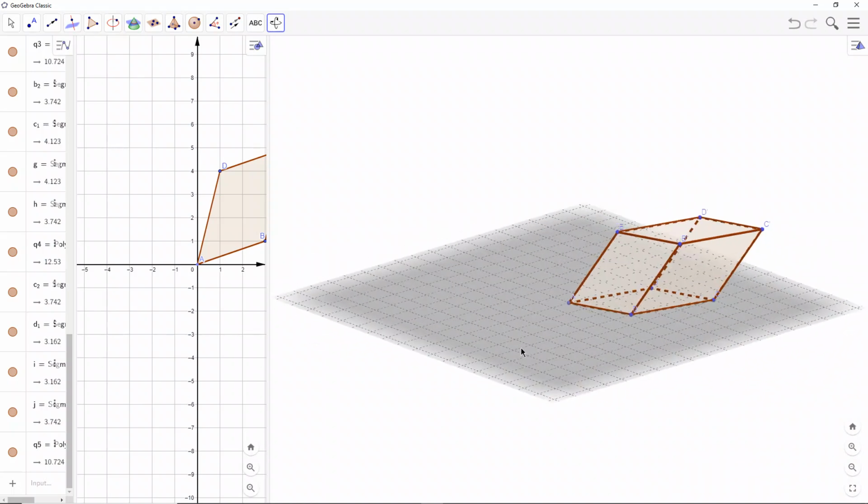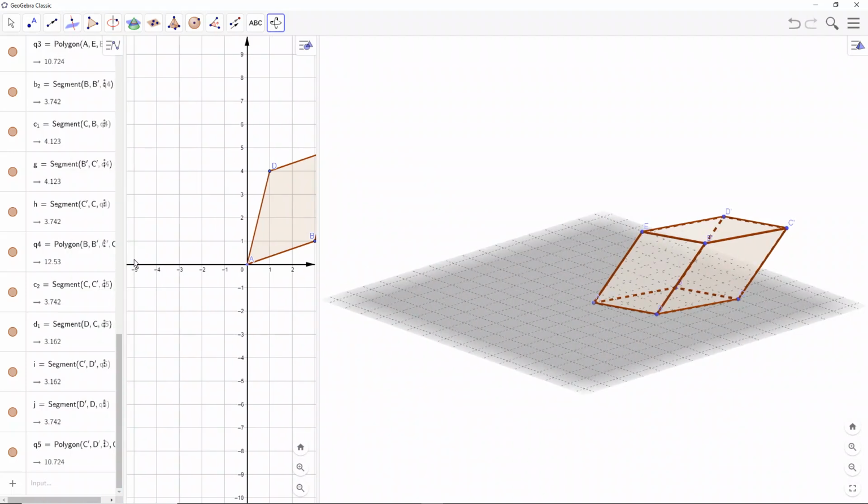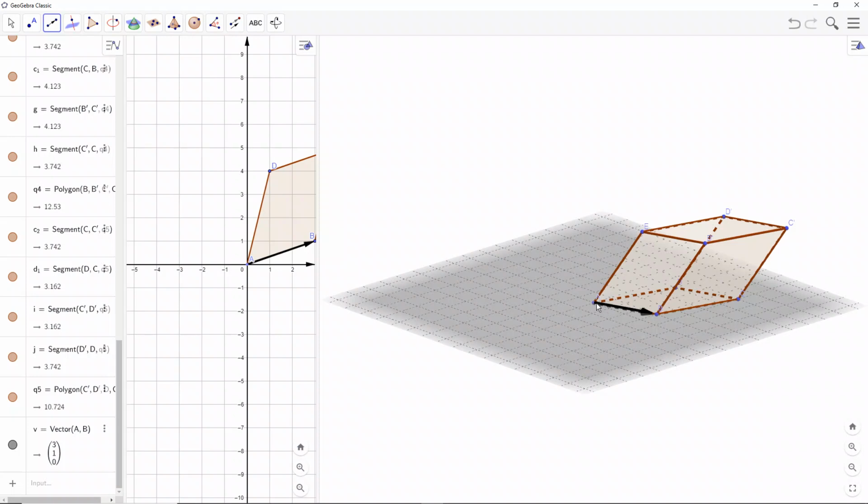But now, let us check some of these ideas we had using GeoGebra. If I want to compare this picture here with the one that I drew, let me make another vector here, for example from point A to point B. Yes? And then a vector from point A to this point behind.